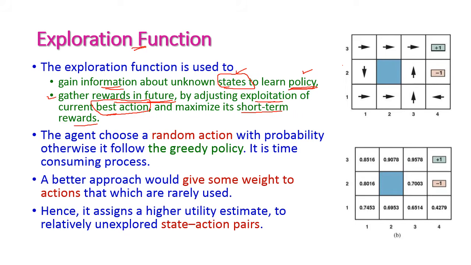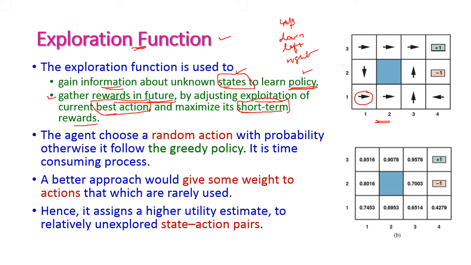For this example, the agent has the following actions: move up, move down, move left, move right. For this particular state, which will give maximum reward in the short term? For that purpose the agent uses the exploration function.